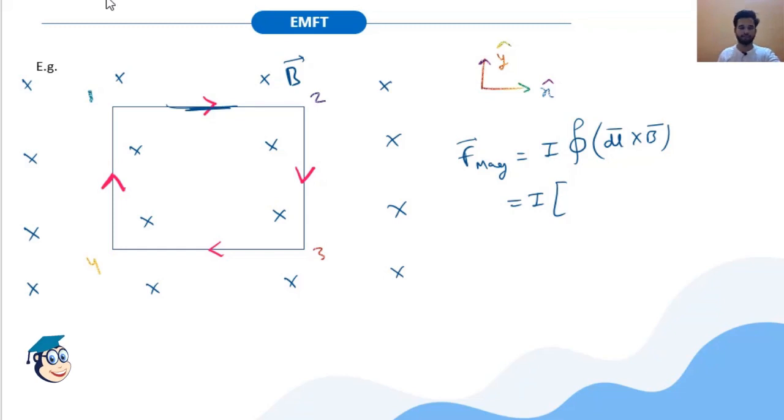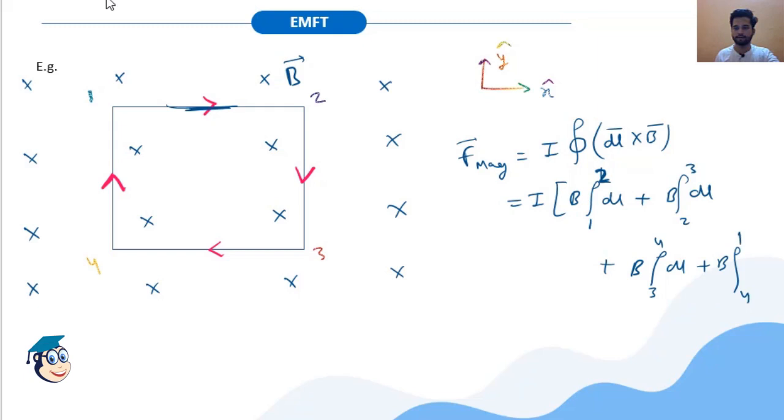So dl and B are always perpendicular, so sine 90 is 1. So you can take the B common. The first integral will be B times the integral from 1 to 2 of dl, plus B times the integral from 2 to 3 of dl. Similarly, the other two parts, B times the integral from 3 to 4 of dl plus B times the integral from 4 to 1 of dl.